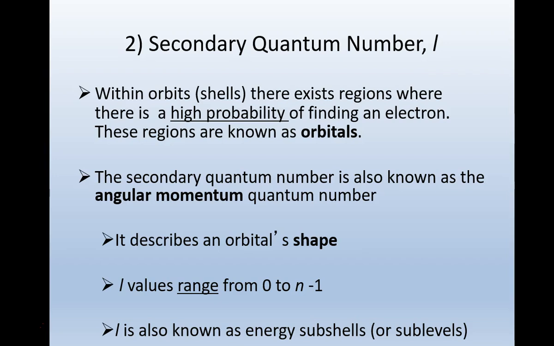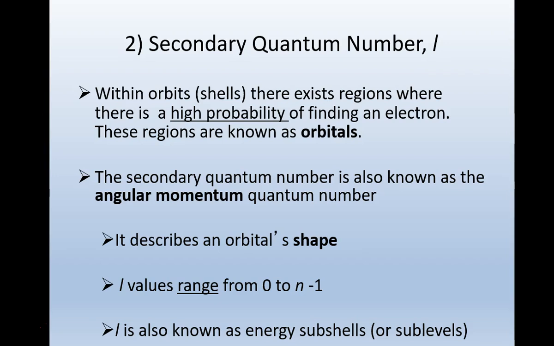It describes the shape, as I mentioned before, and its values range from 0 to n-1. These values are obtained from solving Schrodinger's equations for orbitals, for a wave. The l is also known as energy sublevels or subshells.